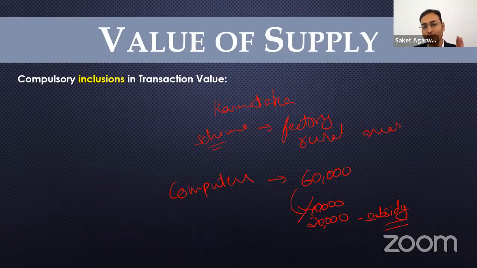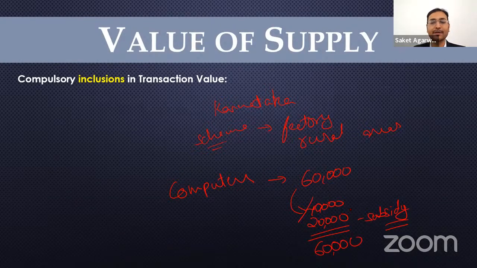Okay. What are we saying here? What has to be compulsorily included in the price? Now the law is saying this 20,000 rupees you include before calculating GST. That means we want GST on 60,000 rupees only.